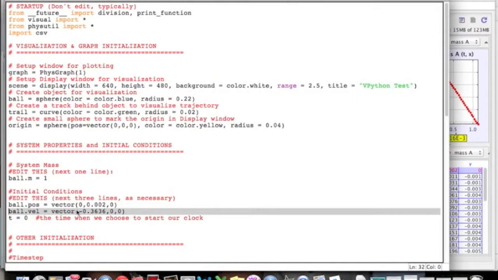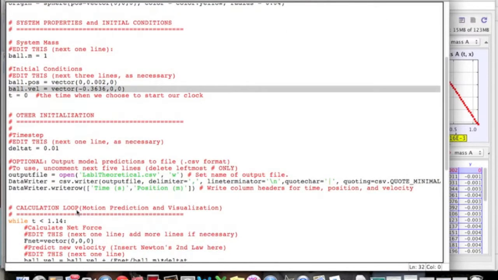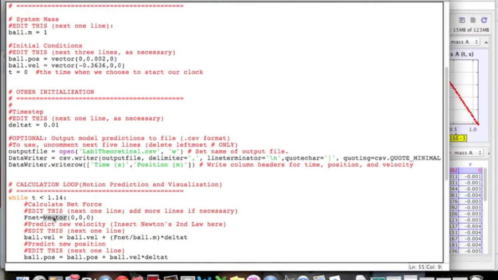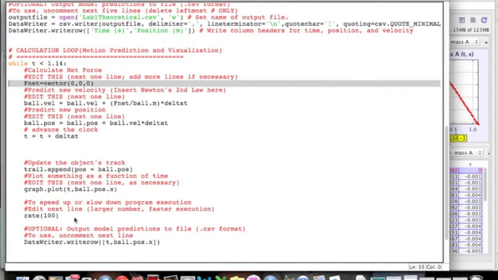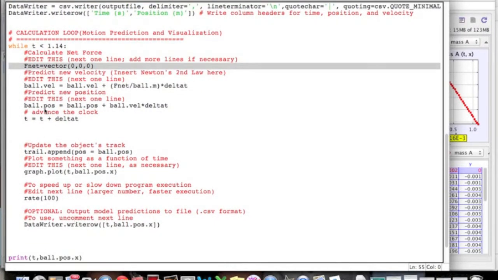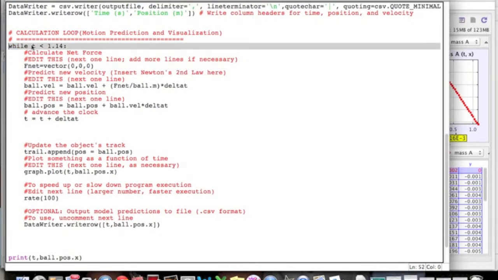Assuming our object is moving at a constant velocity, I set the F net vector equal to 0. This program calculates our object's change in position every 0.01 seconds for 1.4 seconds by iterating through the while loop and determining a new position at every point.